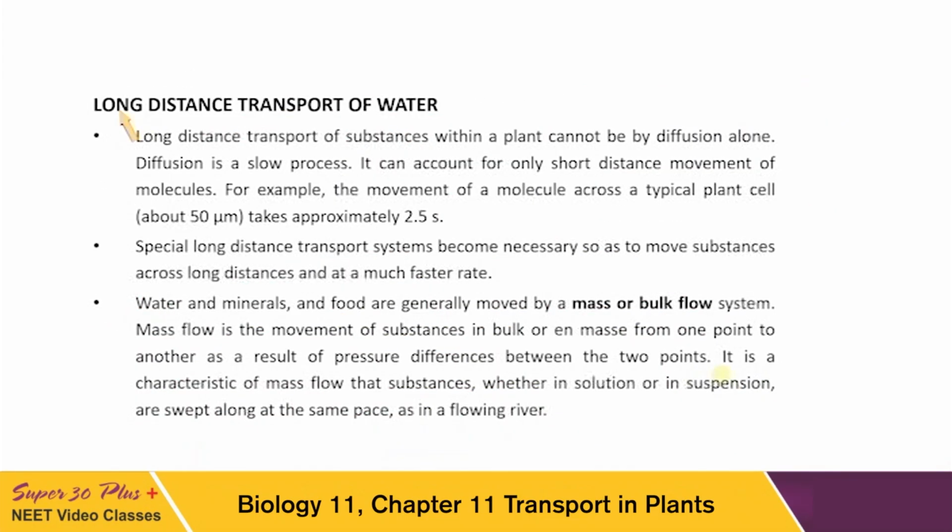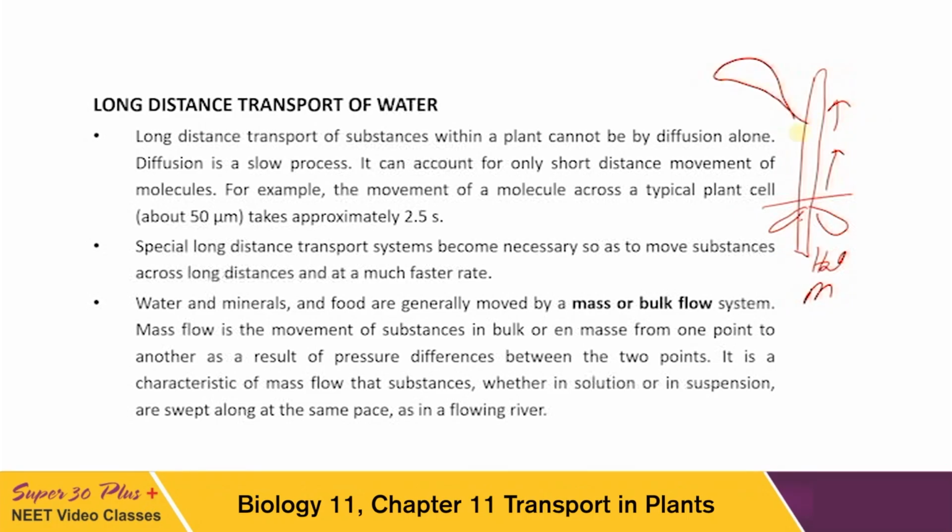We have to see now long distance transport. By now we have discussed small distance transport. In case of a plant, this is the root, substances that is water and minerals are absorbed by the root and they will be transported to the tip of the stem, very very far, long distances.